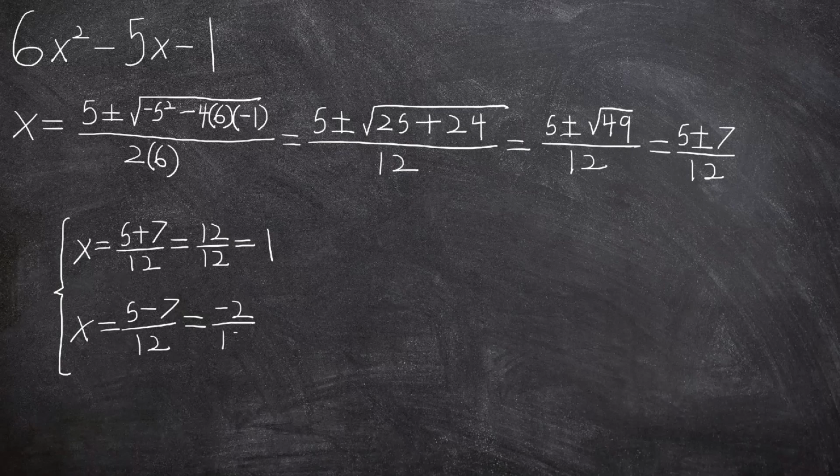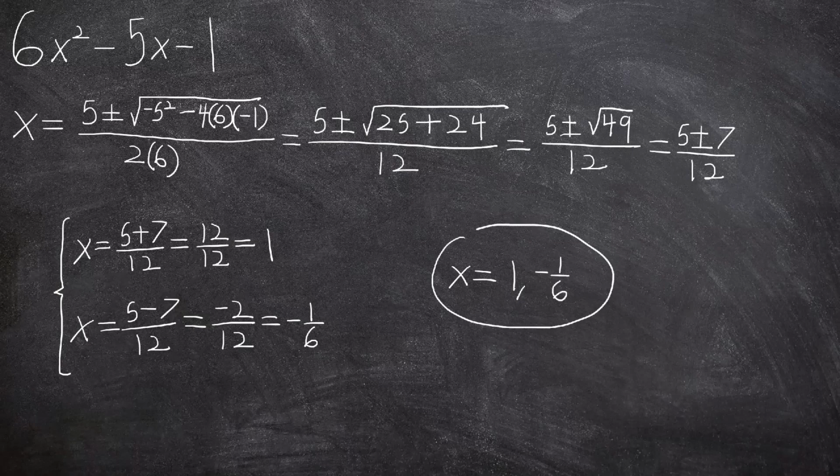This would be over 12. And this simplifies down to negative 1/6. So our x values in this case are 1 and negative 1/6. And this is the final answer right here.